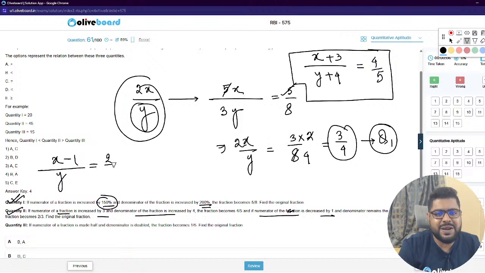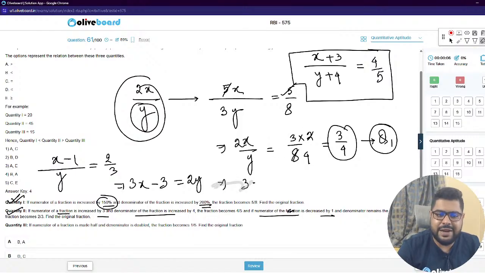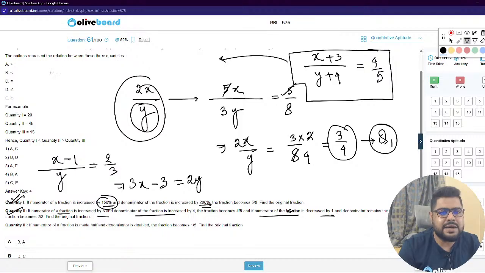This becomes 2 by 3. Good. So that means 3x minus 3 equals 2y. Let's do one thing. Keep it like this, don't put your hands on this. Next one. So it is 5x plus 15 is equal to 16 plus 4y.